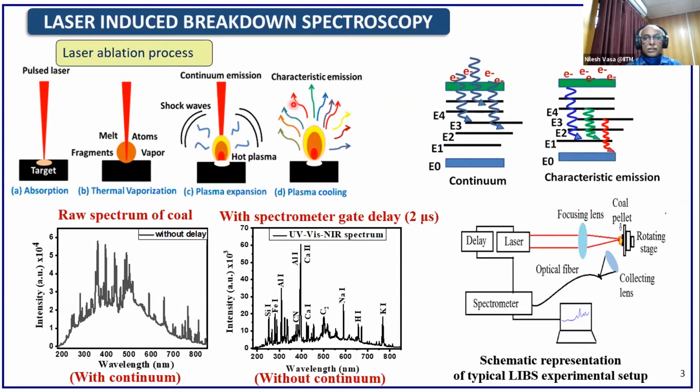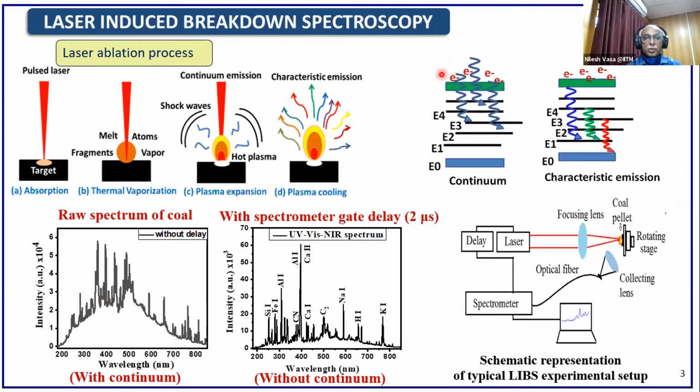When we see the optical emission from this very hot plasma plume in the initial stage, of the order of a few tens or hundreds of nanoseconds from the point of ablation, what we see is a very wide continuum along with some optical emission lines.